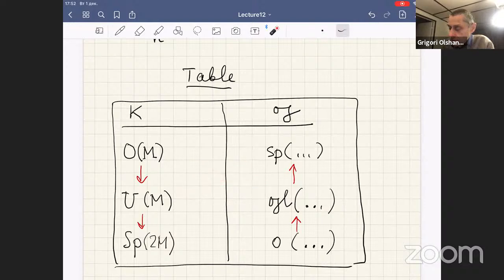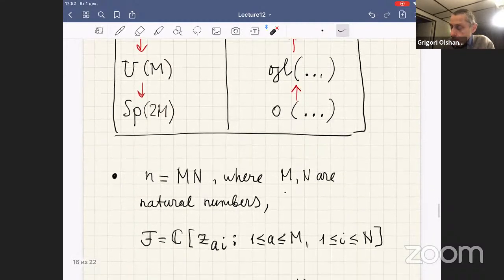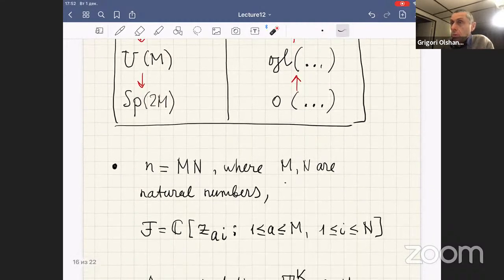So here we have some object which is greater, and this is greater here. Kacheli in Russian. This is the same here. Ножницы, one can say.